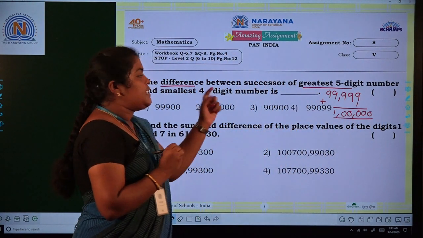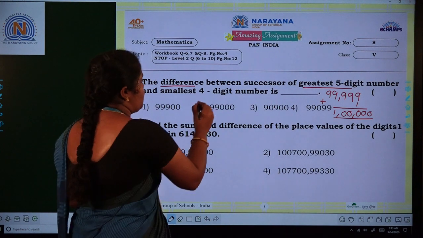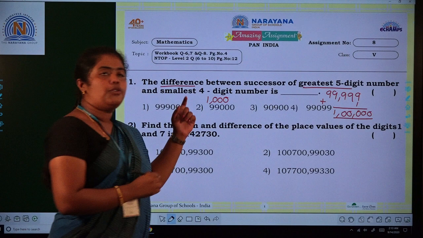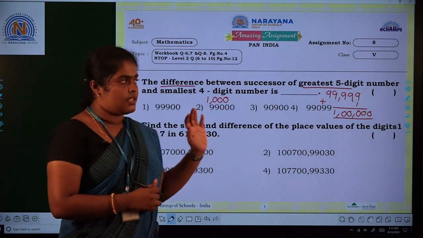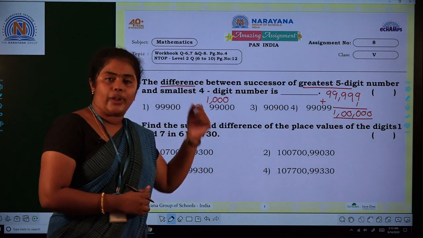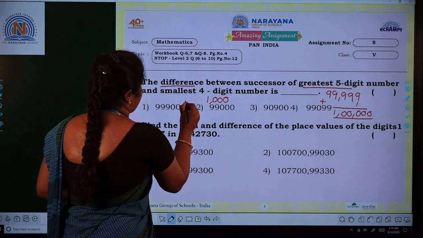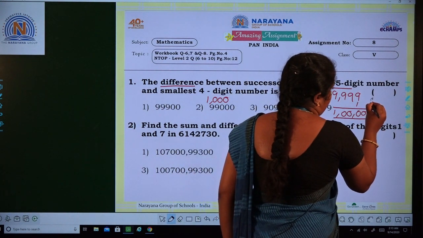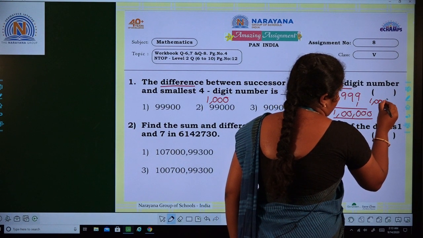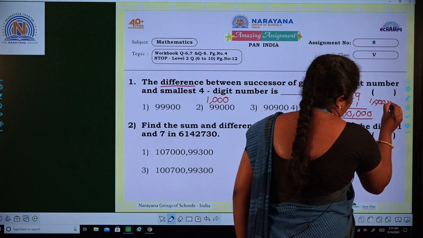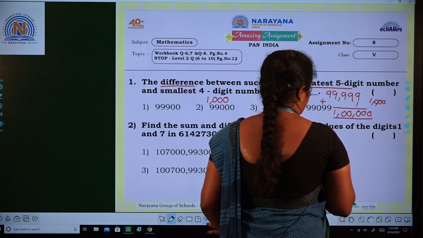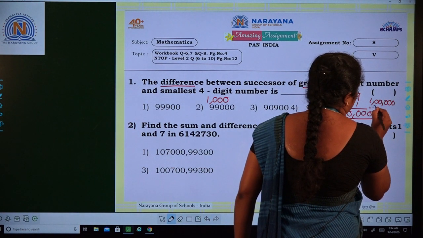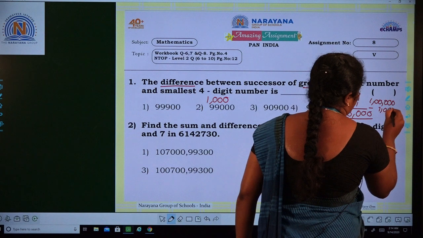Next, smallest 4-digit number. So the smallest 4-digit number is 1000. We have to find out the difference between these two numbers. Difference means we have to do the subtraction. Here I will do the subtraction. 1 lakh minus 1000.